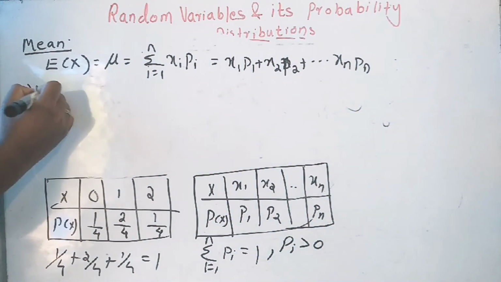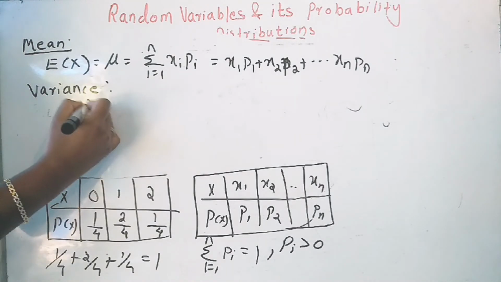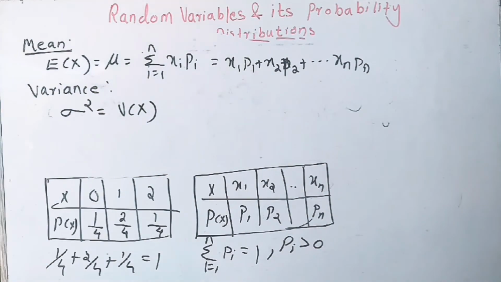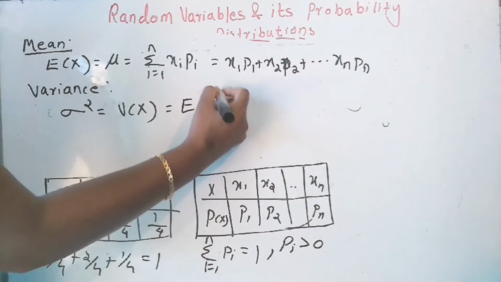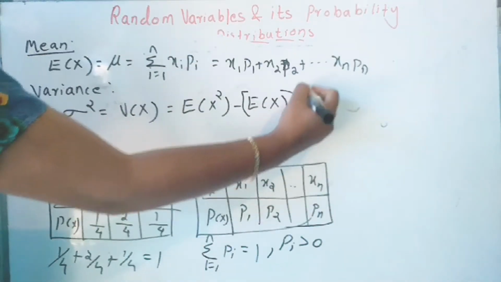Now, variance. It is denoted by sigma square or V of x. Variance of x is equal to expectation of x square minus expectation of x the whole square.